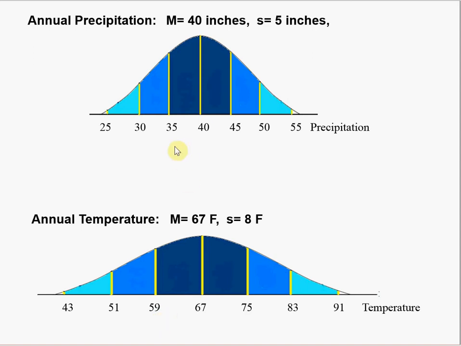You see that? One standard deviation below the mean, one standard deviation below the mean, two standard deviations above the mean, two standard deviations above the mean. These are the things that are common between the two charts. Now, how do we express them?